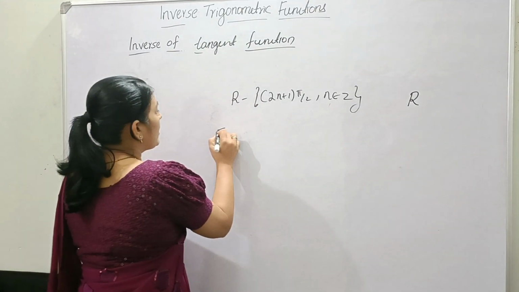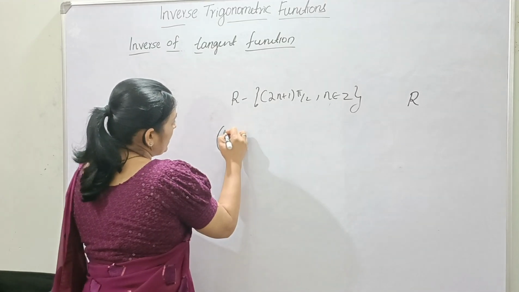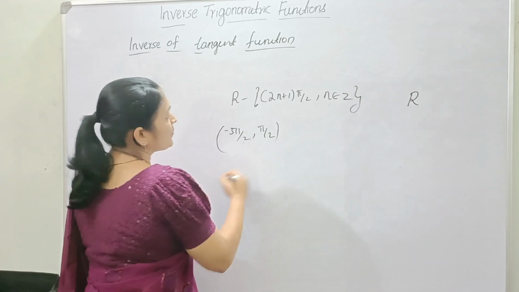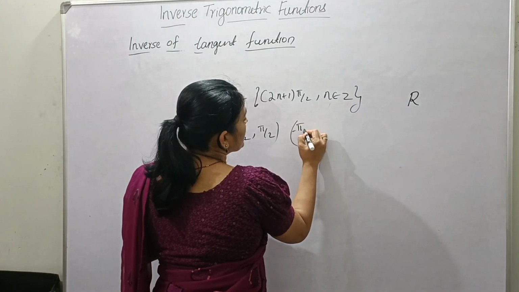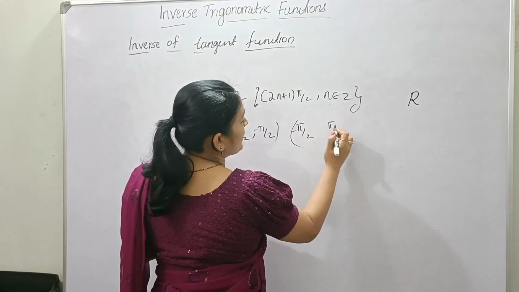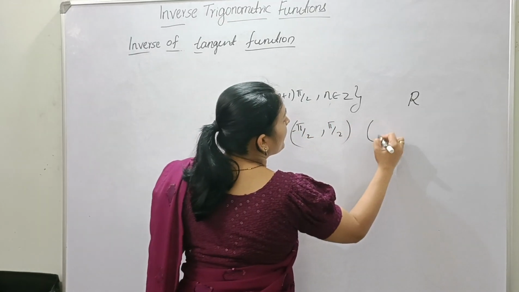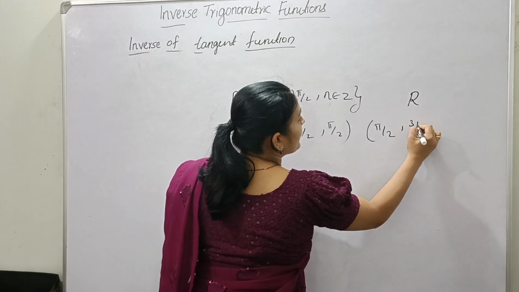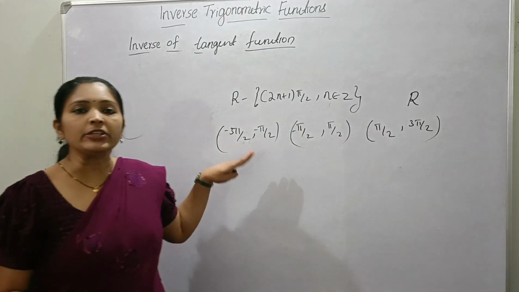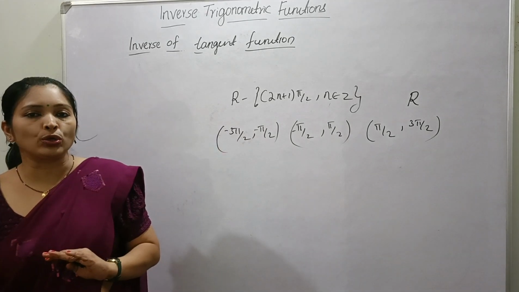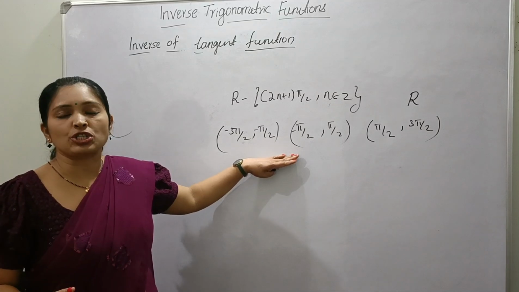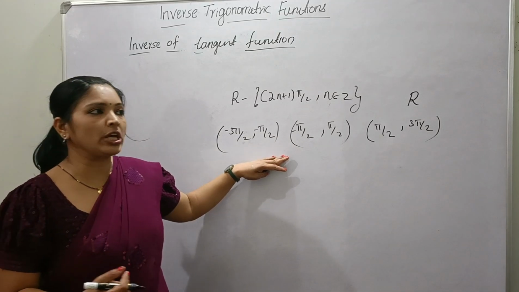In the open intervals minus 3 pi by 2 to minus pi by 2, minus pi by 2 to pi by 2, pi by 2 to 3 pi by 2, etc., the tangent function is 1-1 and onto, that is bijective, so that we can define an inverse function, the inverse of the tangent function.